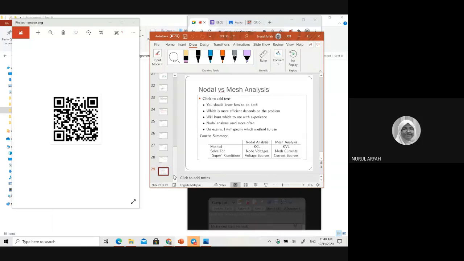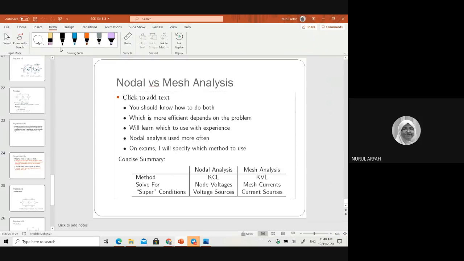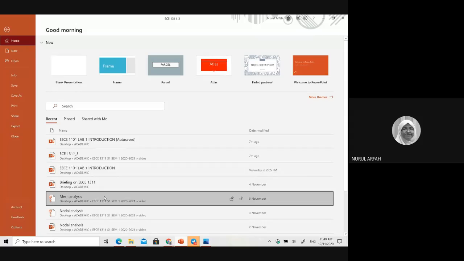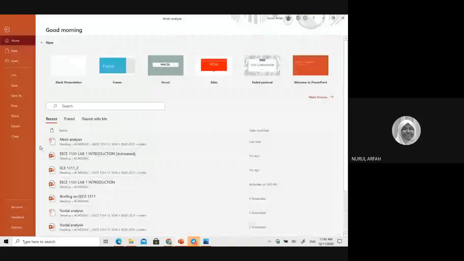Okay. Alamak, saya tak save ke? Previous file. Allah. Sekejap. File. Aduh. Saya tak save.